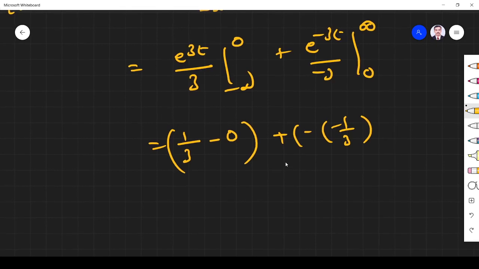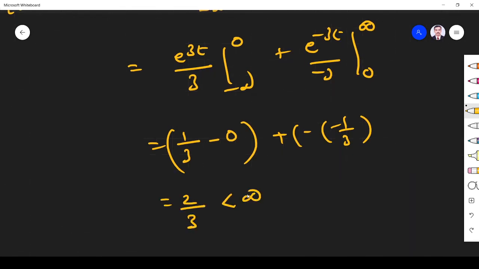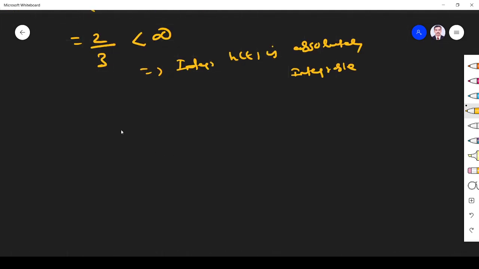Plus 1 by 3 plus 1 by 3 is 2 by 3, which is less than infinity. That means h of t is absolutely integrable, we got a finite value. This implies the system is stable. Okay, simple.